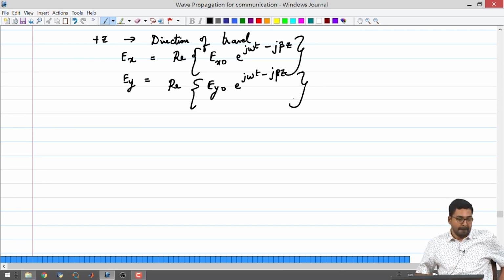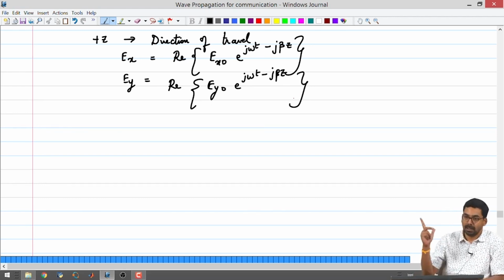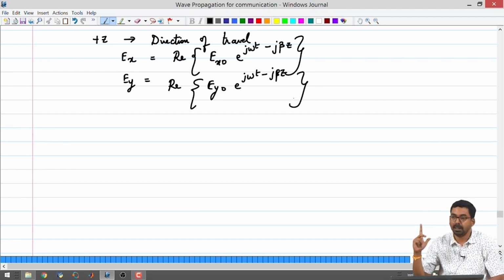I had to multiply by the time term, but I added it. So once again, we can look at the same configuration and decide whether this is the most general case or not.